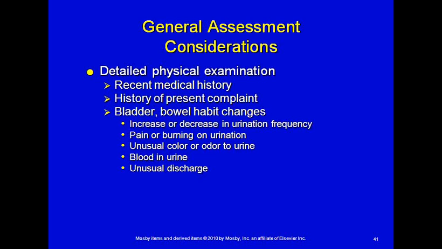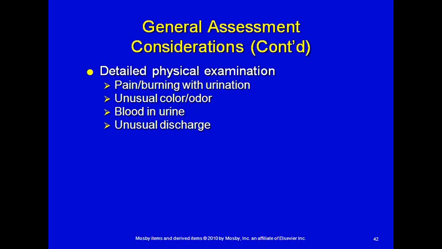Then you want to ask additional questions like, do they have an increase or decrease in urinary frequency? Do they have pain or burning with their urination? Is there any unusual color or odor to the urine? Is there blood in the urine? Is there any unusual discharge as well?